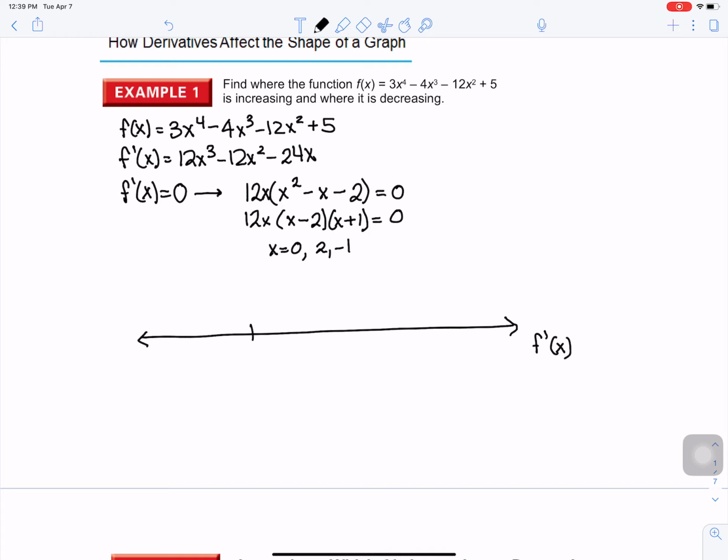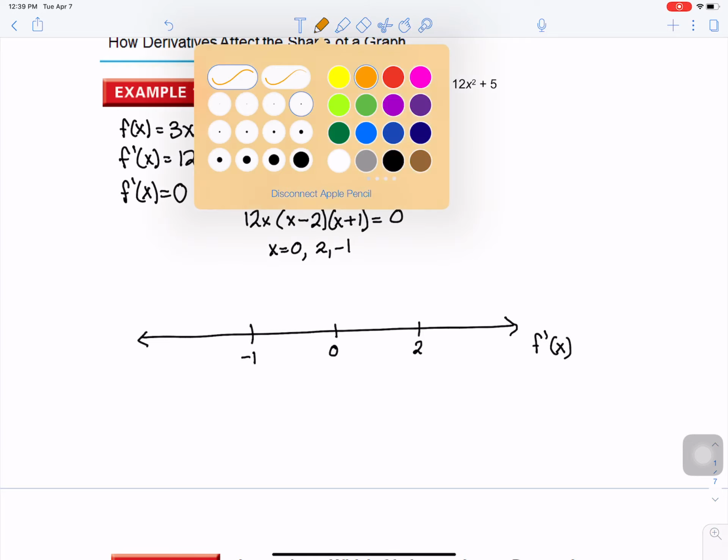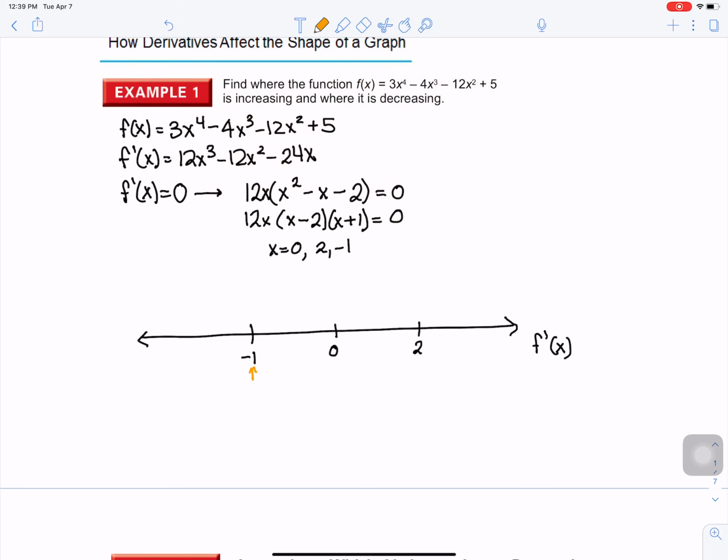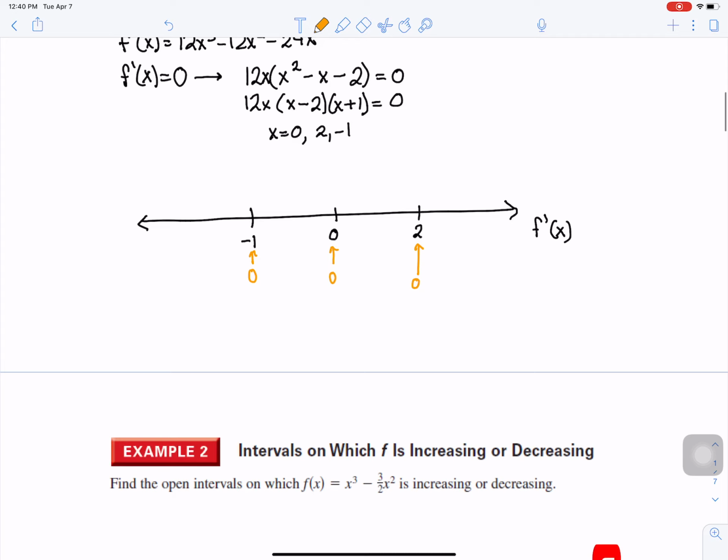When x is negative 1, 0, and 2, f prime of x is 0. So I'll write myself a little note that at these values the derivative is 0.